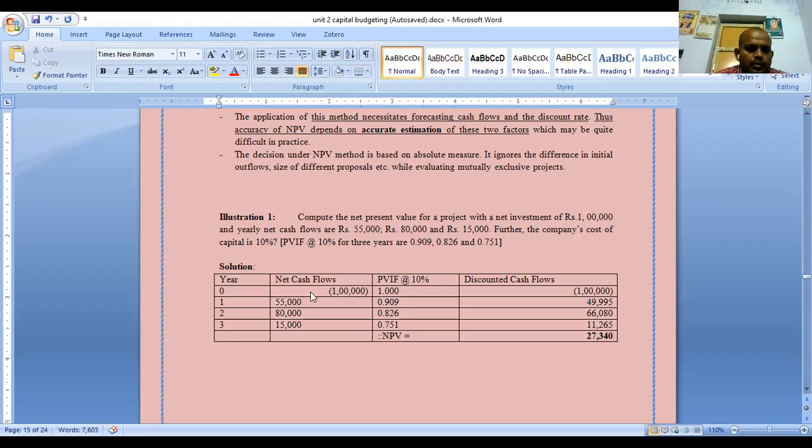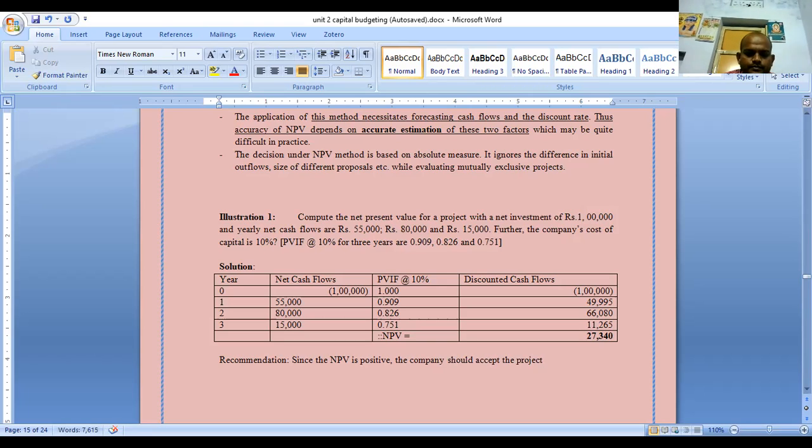Now the recommendation: since the NPV is positive, the company should accept the project. This is the procedure we have to apply to calculate the net present value.